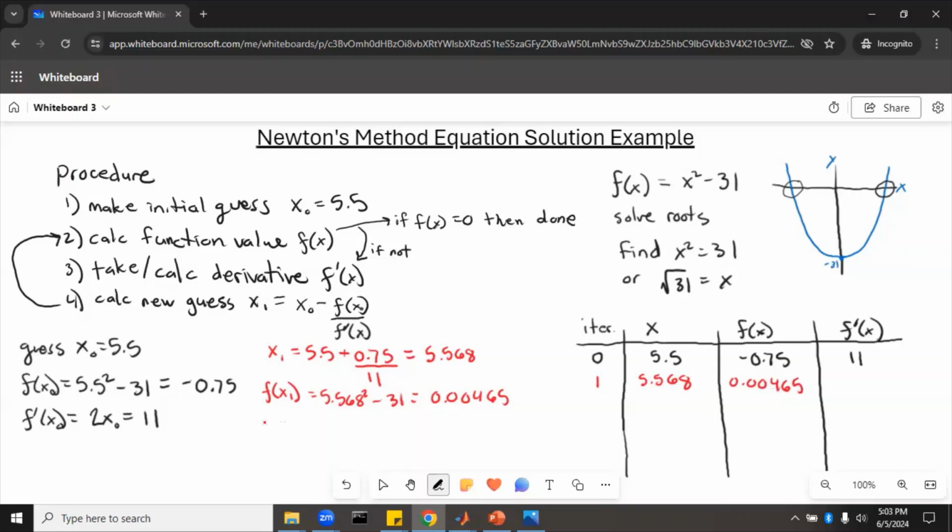And then f prime of x1 equals 2 times 5.568, which equals 11.136. Okay, so now let's do another row and see how close we can get f of x to 0 and when x basically stops changing.